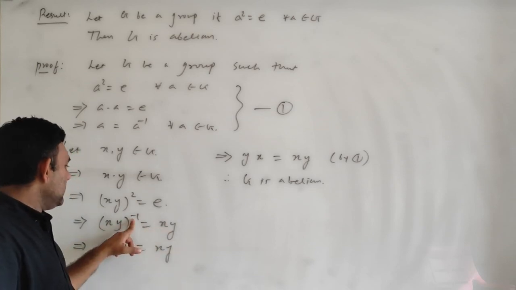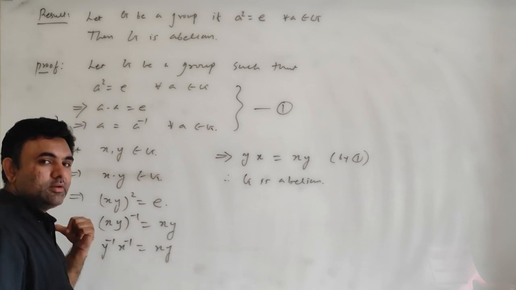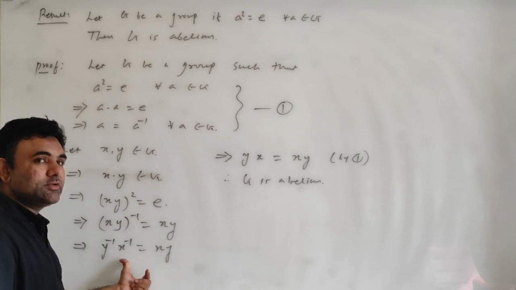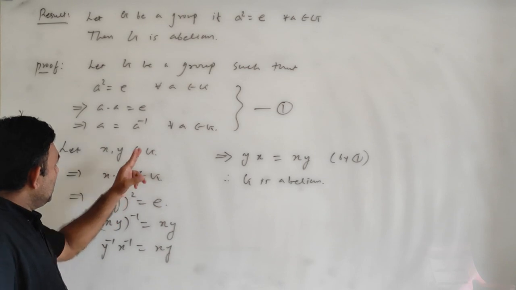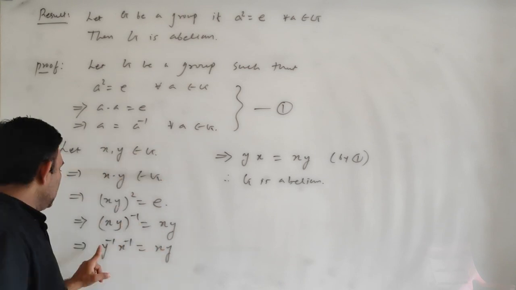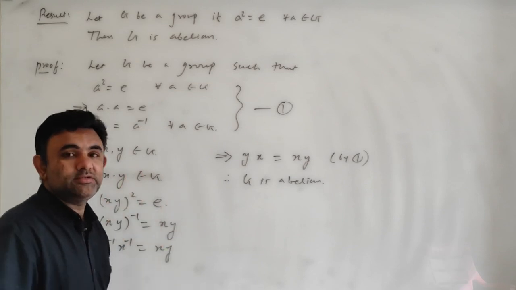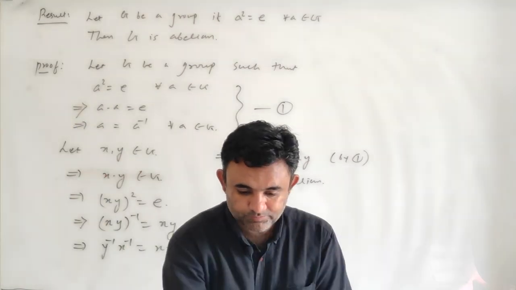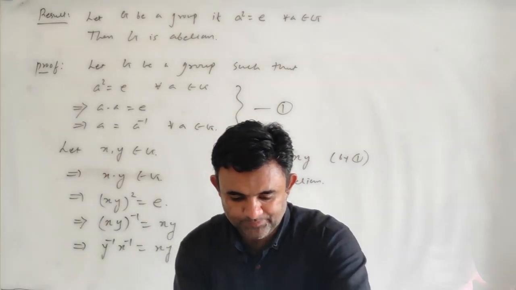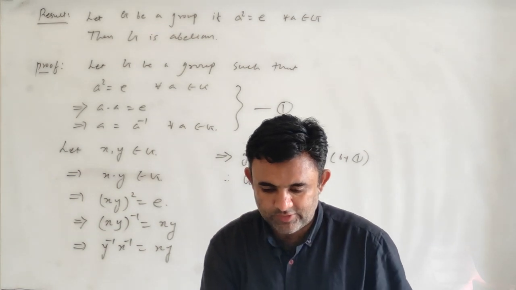Now I can distribute the minus 1 power in reverse order, giving y inverse x inverse. But in our group every element is self-invertible, so y inverse is y and x inverse is x. So we have yx is equal to xy. So now let us give one more result.